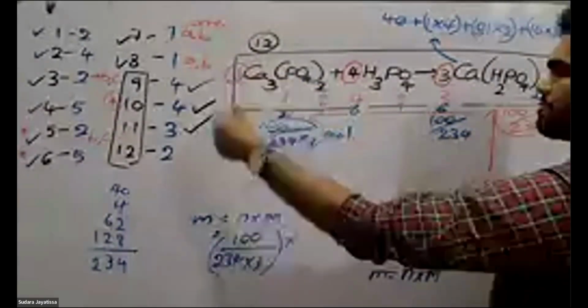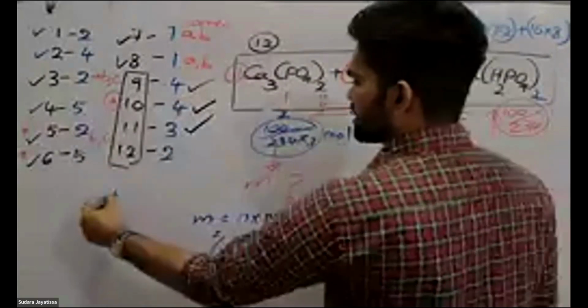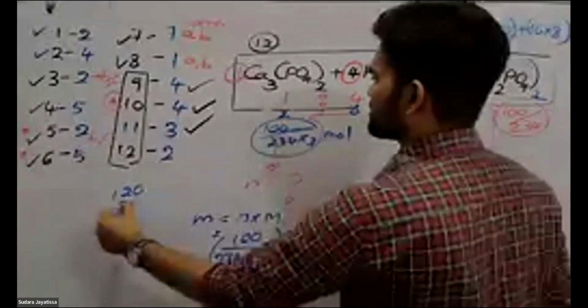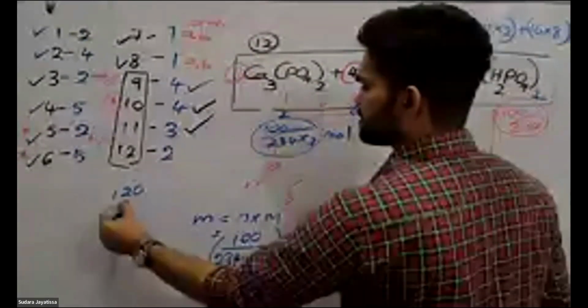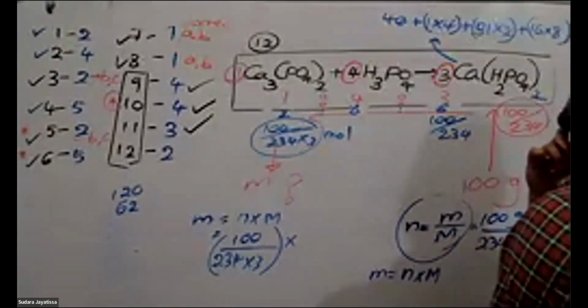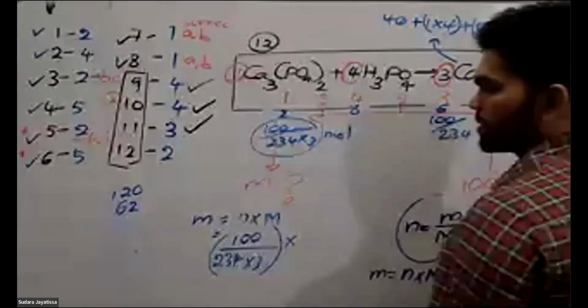What is the calcium phosphate molar mass? There are 3 calcium. So 40 into 3, 120. 2 phosphorus, 31 into 2, 62. 8 oxygen, 16 into 8, 128.